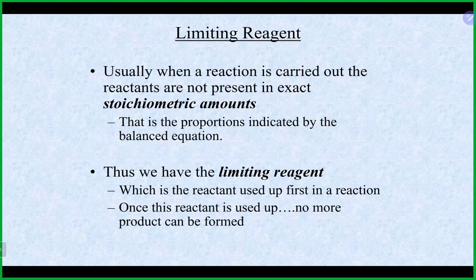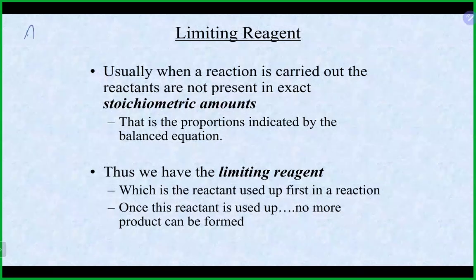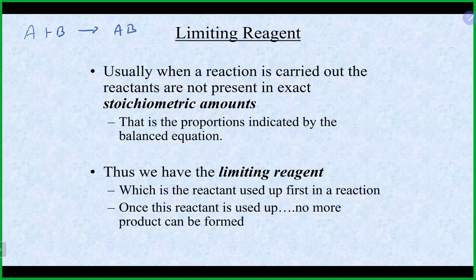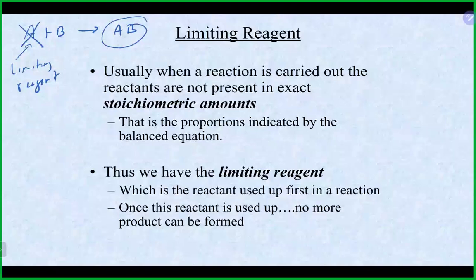For example, if we had a very simple idea here of A plus B makes AB, and if A was my limiting reagent, the problem is as soon as I run out of A, would I be able to make any more product at that point? I would not, right? Because I'm missing a key component there.